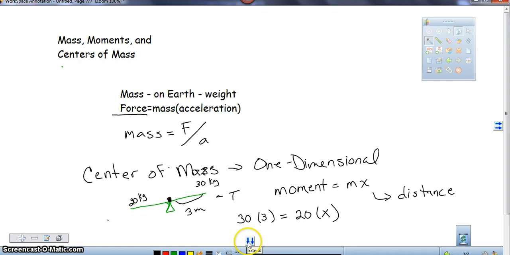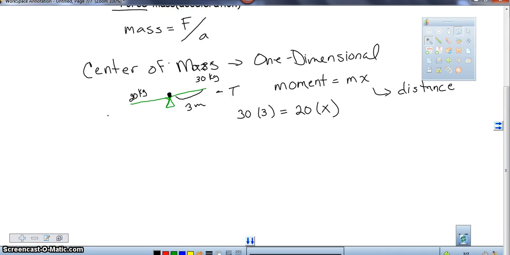The ones that you're going to look at in terms of algebra and calculus are centered about the origin. We call that a moment about the origin, and M sub o is how that's written.